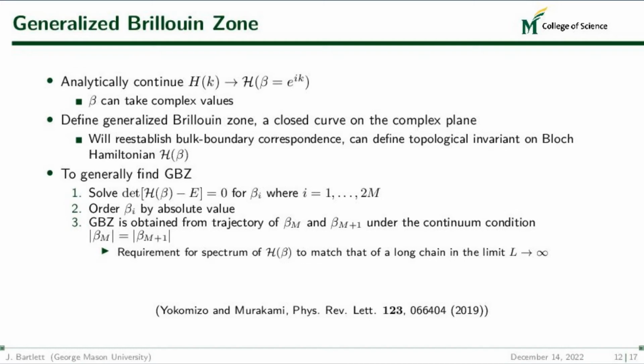And you can think of it physically as a requirement necessary to form standing waves. So this H(beta) isn't truly infinite. It's just a semi-infinite system where it's a really large lattice, but it still has edges. So this continuum condition can be thought of as the condition necessary for forming these standing waves.